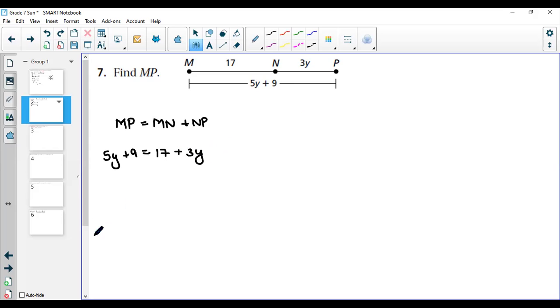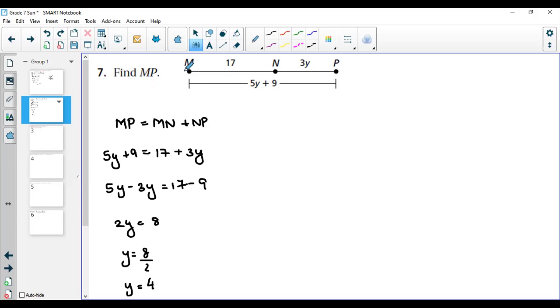Now we are working with variables. You need to find the value of y first. So move the variables and move the numbers. So that will leave you with y is equal to 4. Now once you have found the value of y, you can find any distance you want.